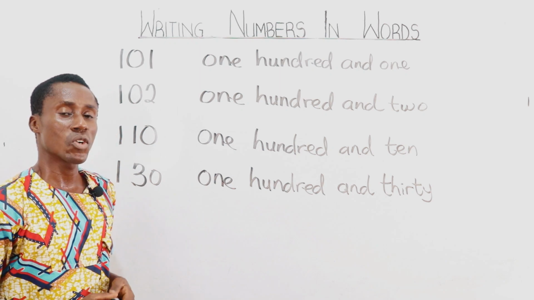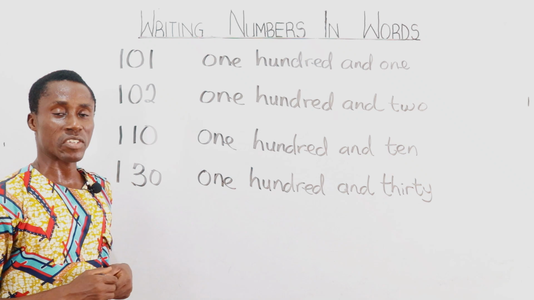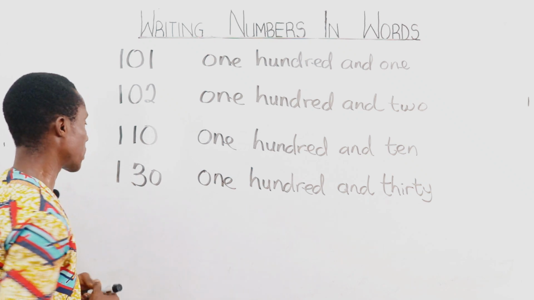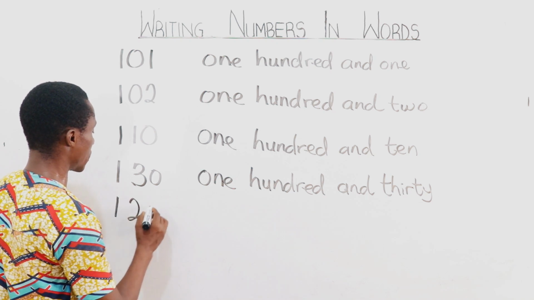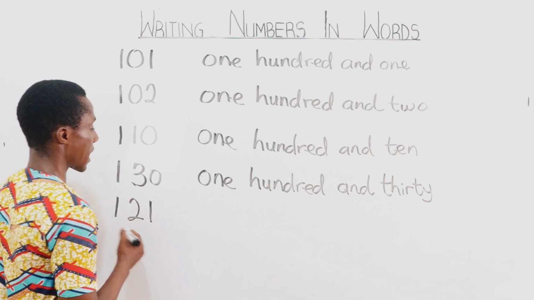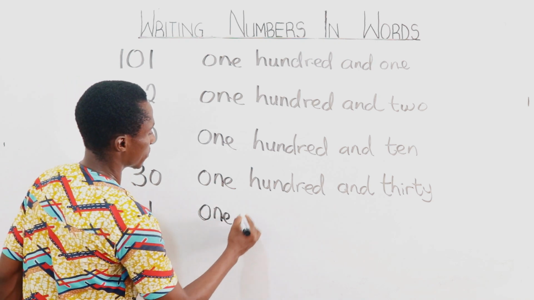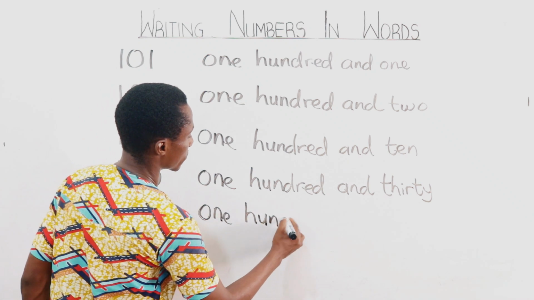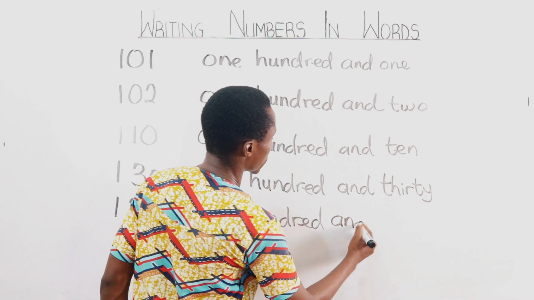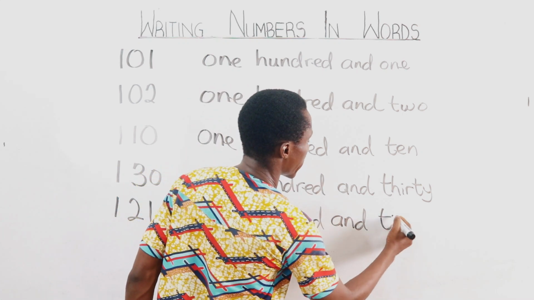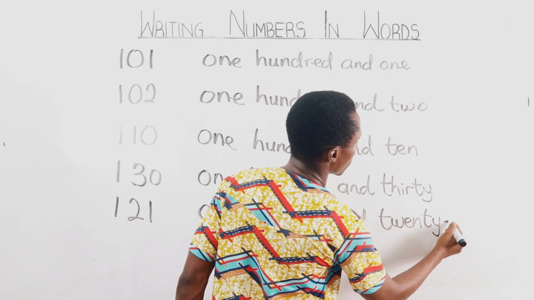Very good. So now let's add some compound numbers to the hundreds. So let's have 121. And that in words will be 100 and 21.